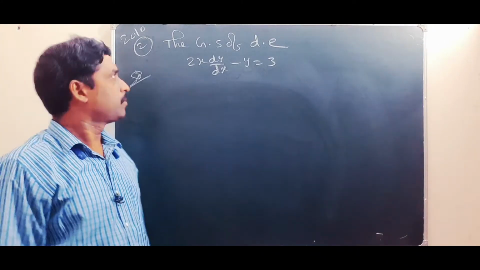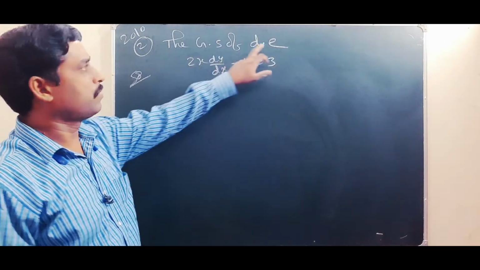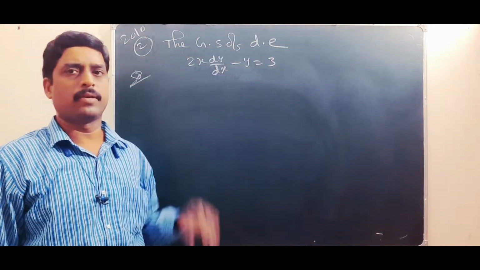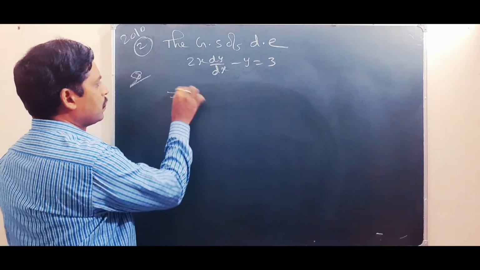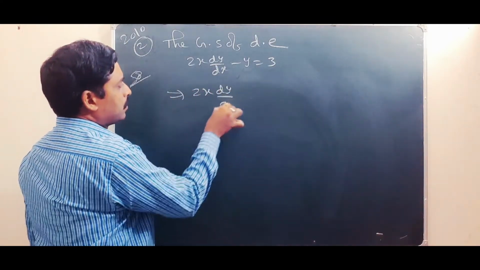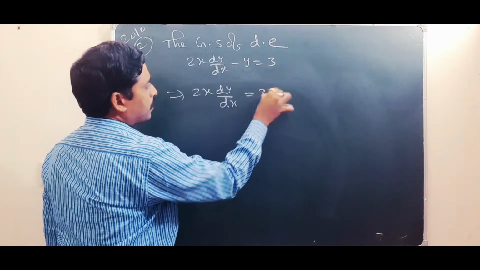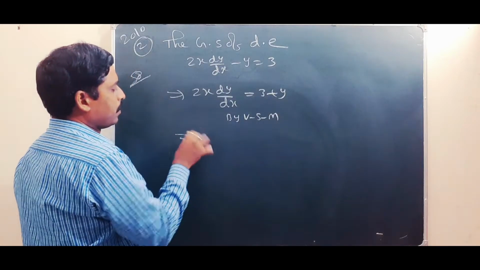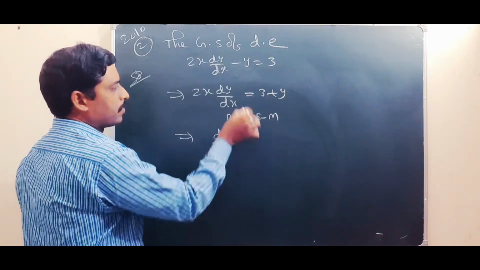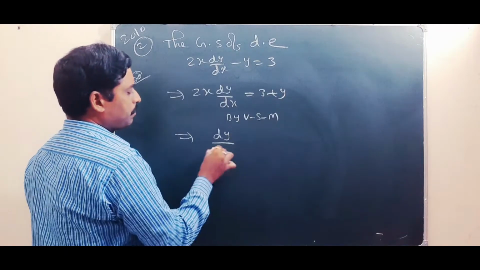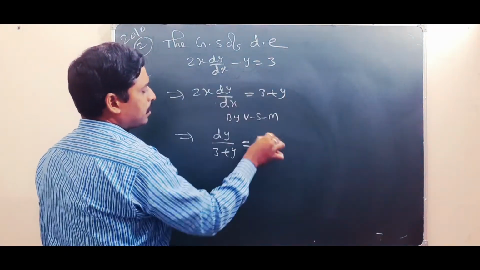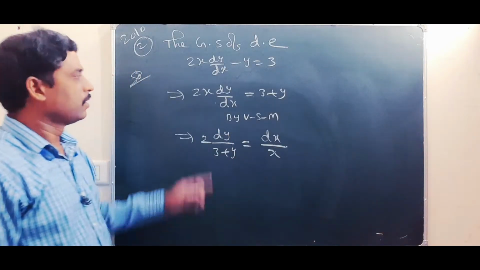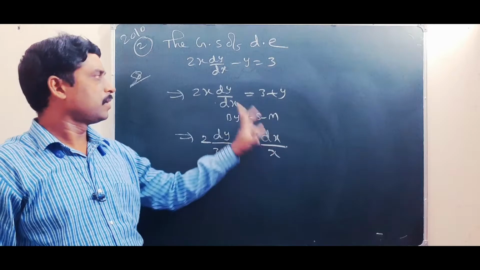Okay, let us go to the next problem. This is from 2010. The general solution of the differential equation. So what is given? 2x dy/dx - y is equal to 3. Now I say that 2x dy/dx, this -y bring to the right side: 3 + y. So by using the variable separable method, we should separate the variables. 2 dy/(3 + y) is equal to dx/x.